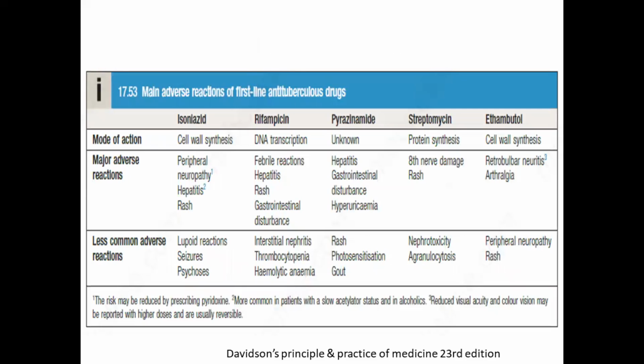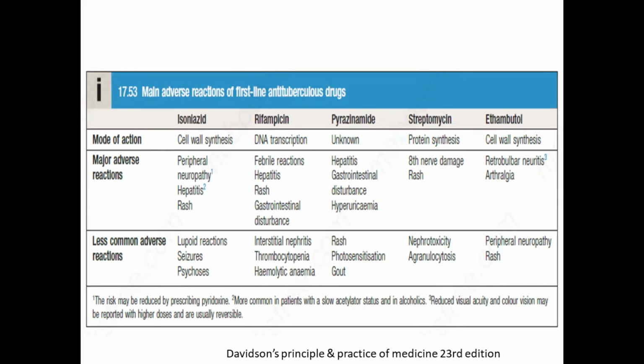This chart taken from Davidson basically summarizes the major modes of action of the first line anti-tuberculosis drugs, with some major side effects. For isoniazid, the mode of action is on cell wall synthesis, and the major adverse reactions include hepatitis and peripheral neuropathy. For peripheral neuropathy, you can prescribe pyridoxine.